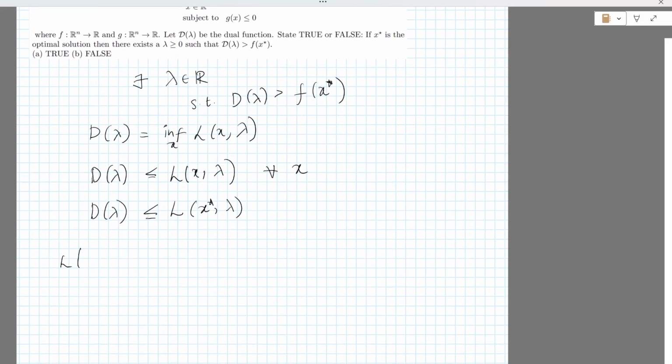And we know L of x star, lambda is equal to f of x star plus lambda times g of x star.